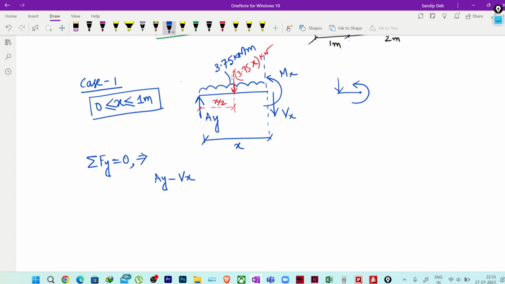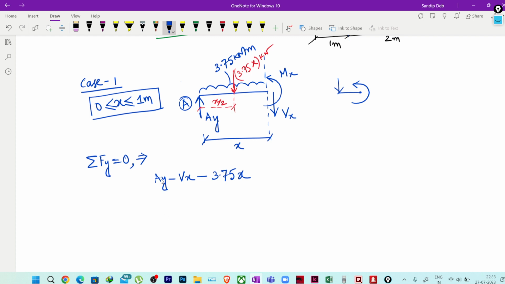What is this load? Total load. So this load is minus 3.75 x. As it is not a moment, just the load, there is no need of this length, half of this, because when we are finding moment about point A, then we need this length. Now we need the total force acting, so it is 3.75 into x, downwards, so all minus.